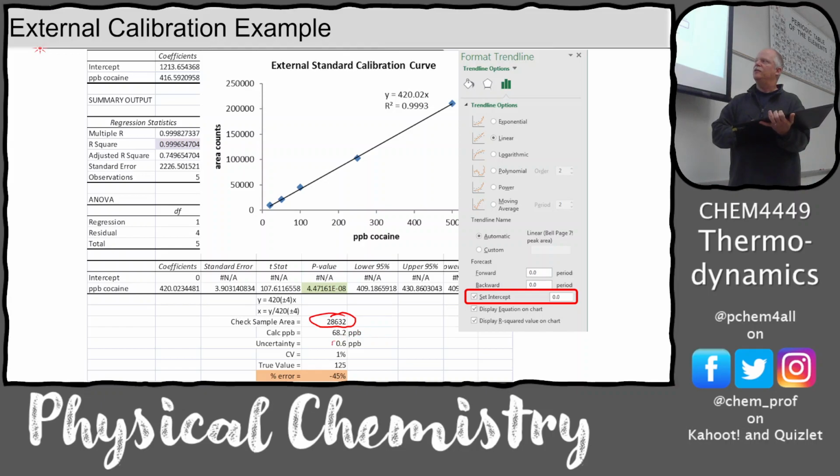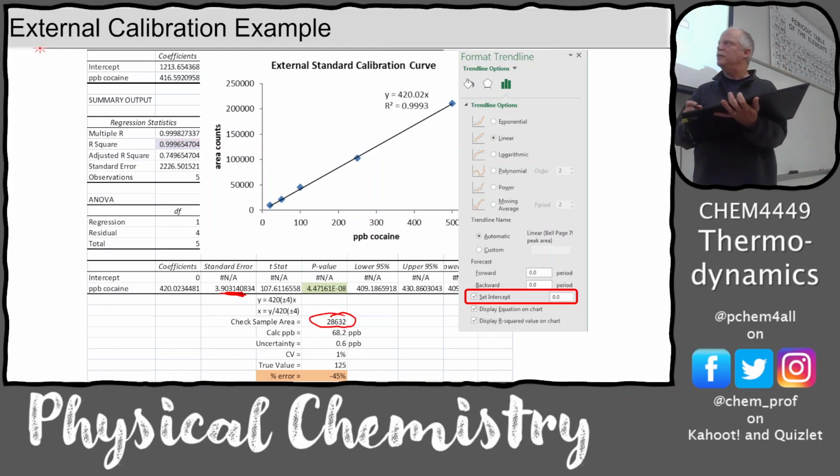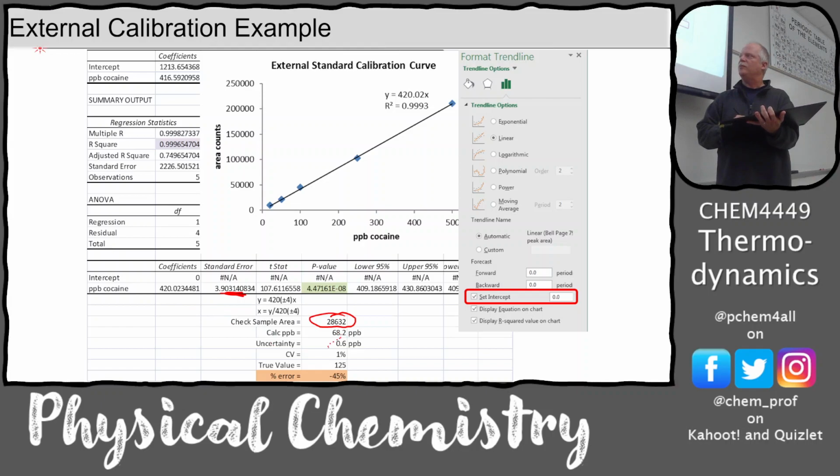And the uncertainty is calculated from these uncertainties up here, so the standard error in SM. I'll show that calculation in a second. But that uncertainty compared to the calculated parts per billion is a 1% coefficient of variation. But the true value is 125. So you see this is quite low.